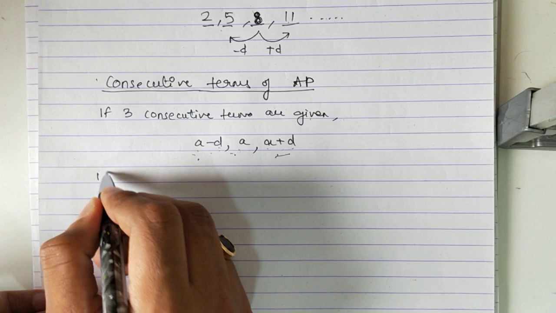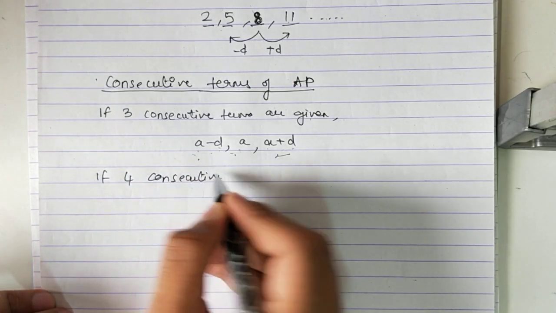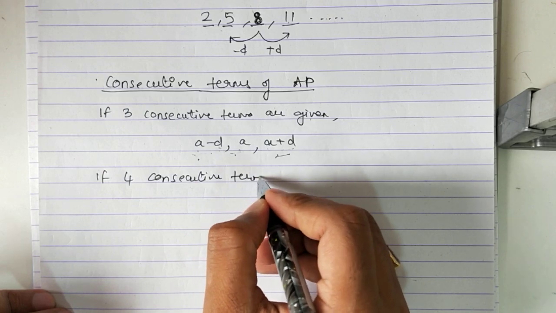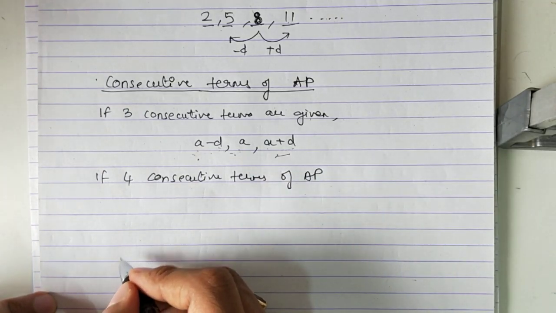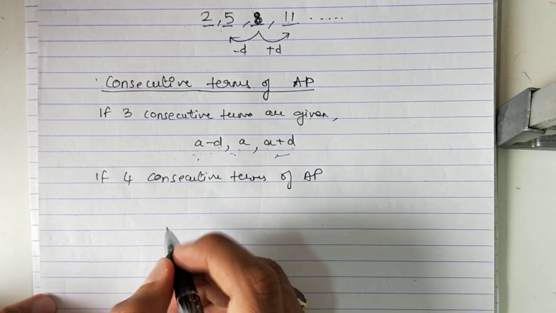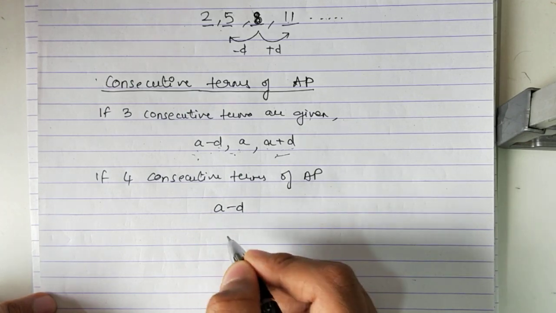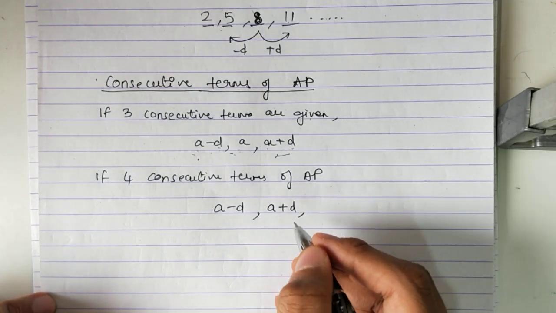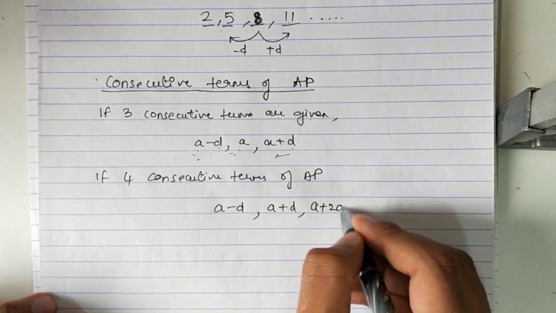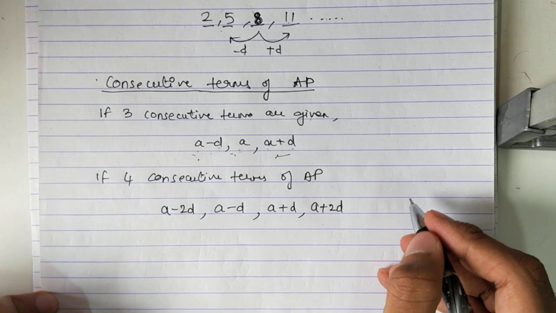If they give you 4 consecutive terms of AP, okay, then what you will do? You will take the terms as A minus D, A plus D, A plus 2D, A minus 2D.